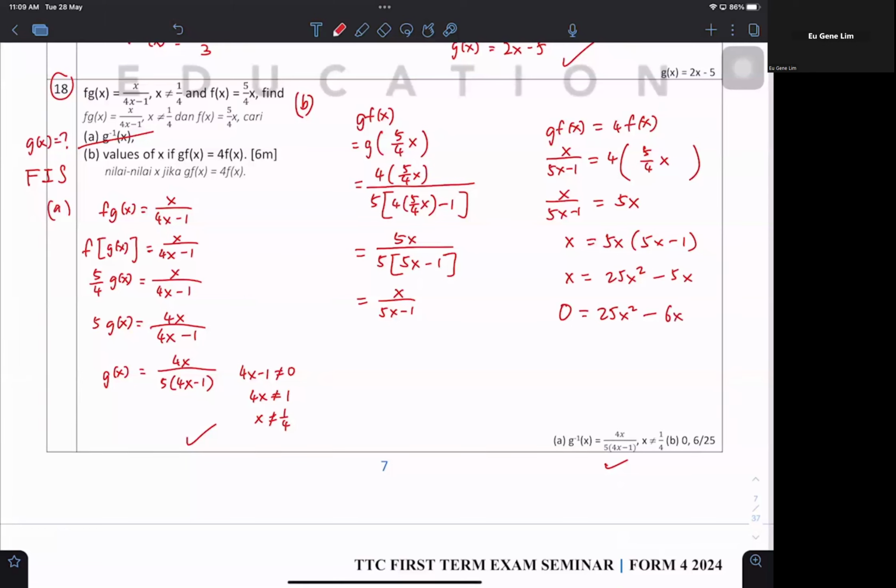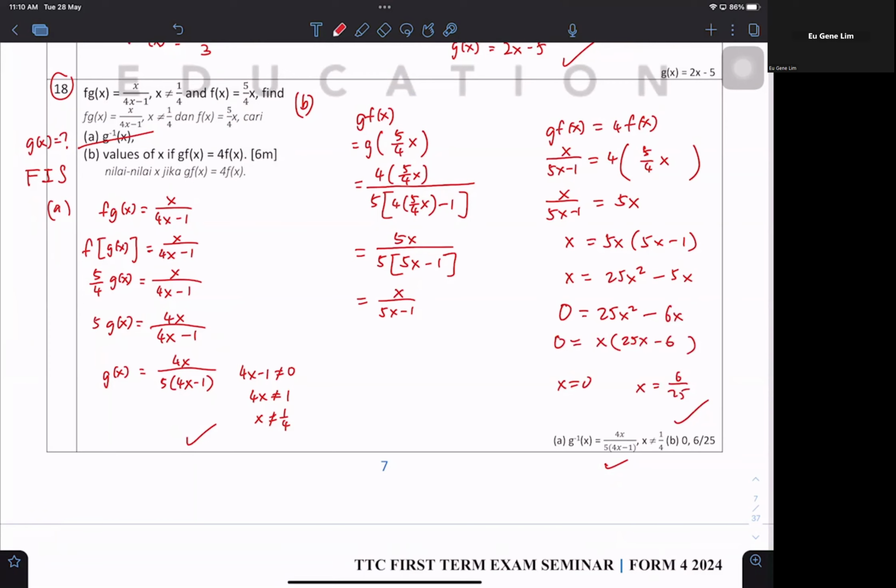Then you press calculator, you get x equals to 0, x equals to 6 over 25. Then this is how you write: 0 equals to x bracket 25x minus 6.